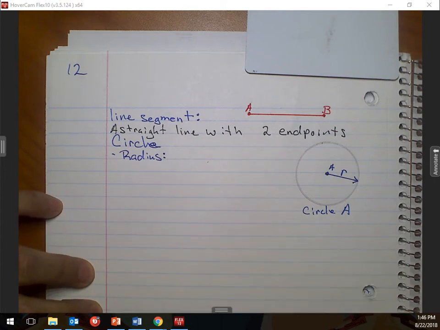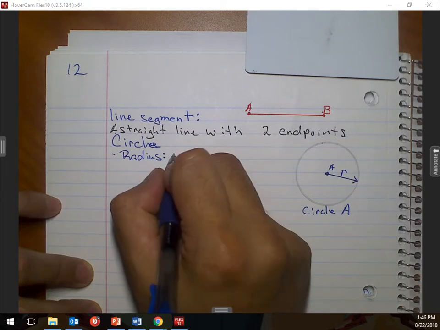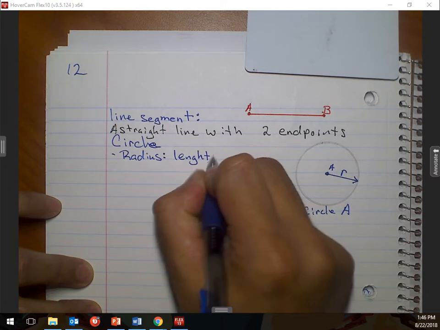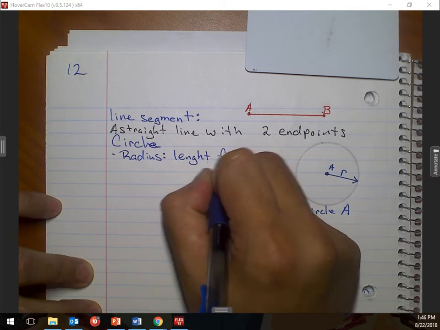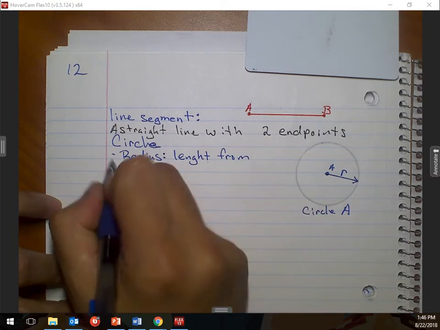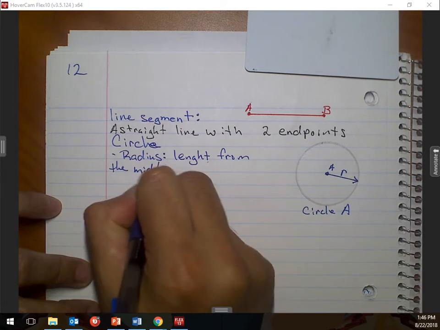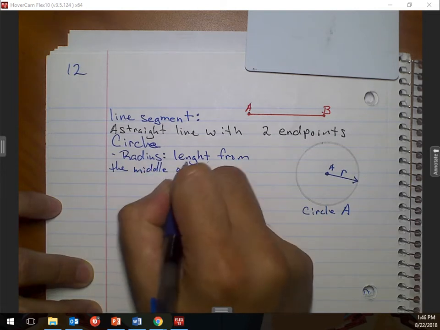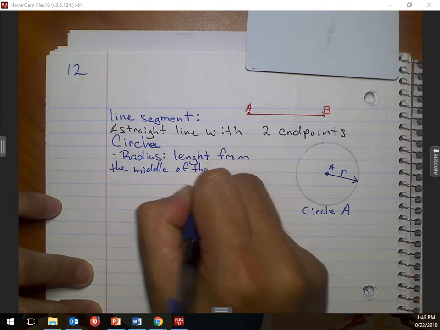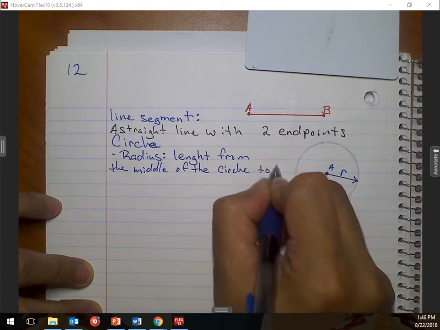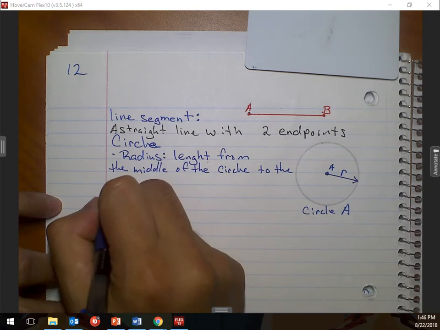What's the definition? Go ahead. Yes, excellent, right? It is the length from the middle of the circle to the circumference.